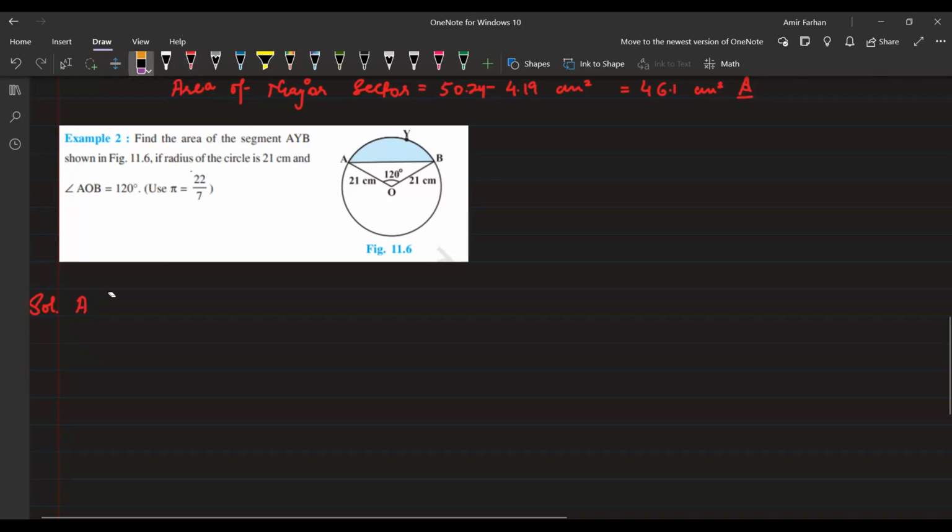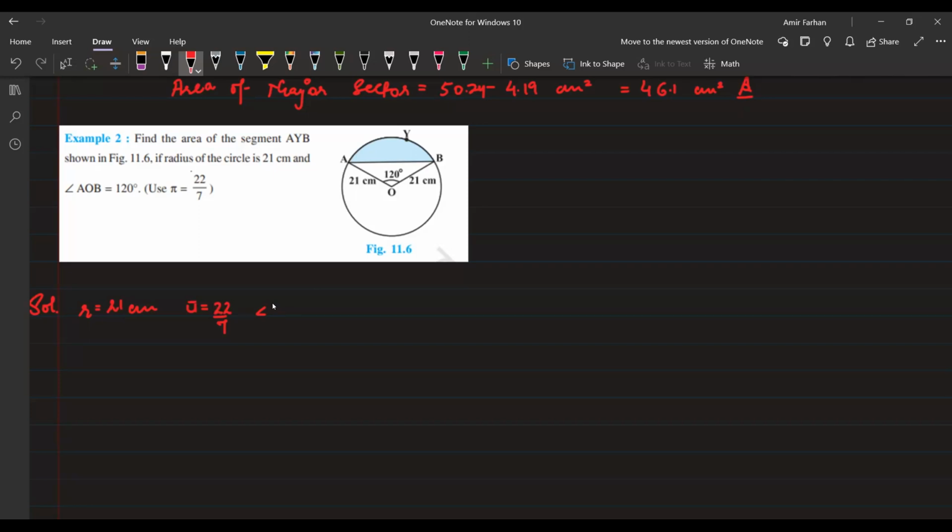So let's write down the first thing. That is R is equals to 20 centimeter. Pi is given to you, that is 22 by 7. Angle AOB, this sector is given to you as 120 degrees, right?